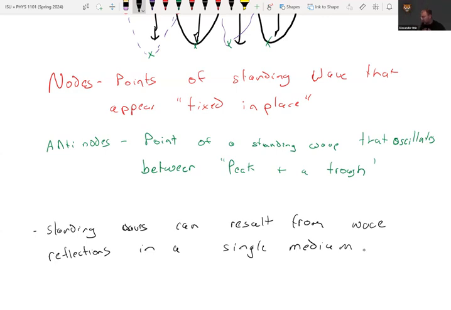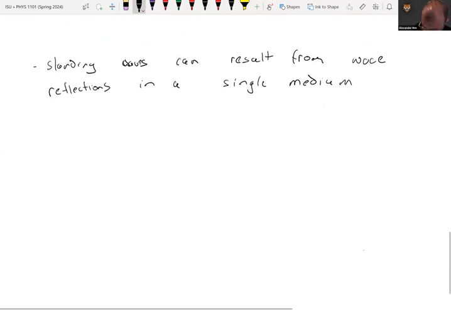Now I want to talk about some of the images associated with standing waves. I'll do this in different colors. This first one is called the fundamental. Actually, let's get to resonance before we talk about that, because you can have standing waves without really having a fundamental. When you start talking about fundamentals, that's a resonance condition.